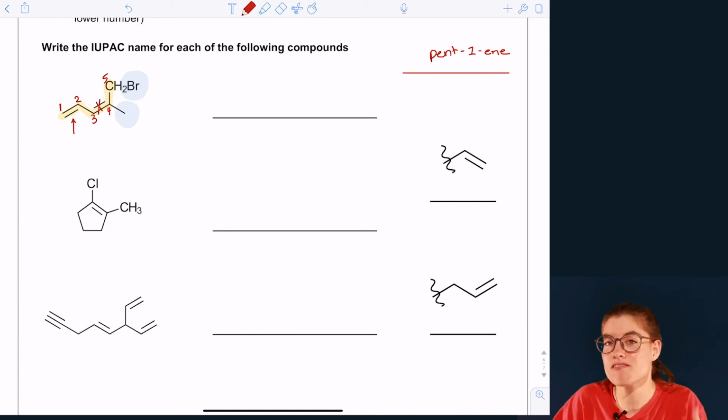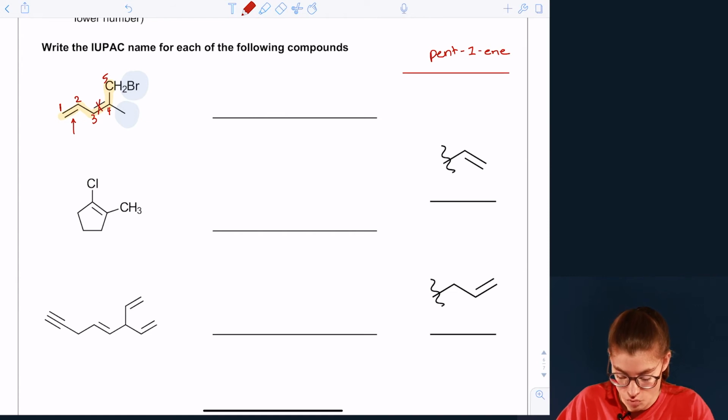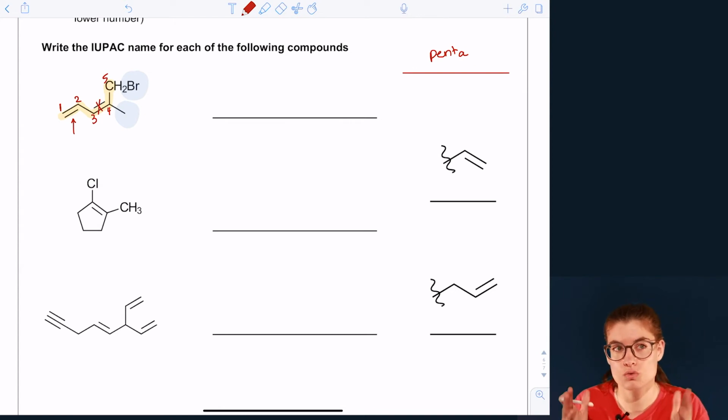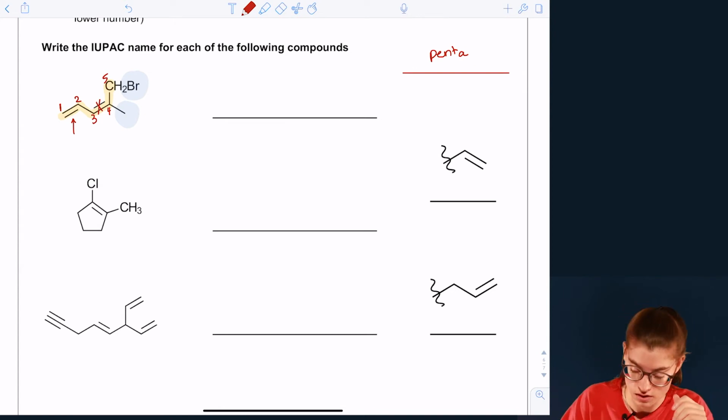But because we have more than one double bond, we need to add the vowel A. Okay, I know it's weird. It's really so that there's not two consonants next to each other. So we've added the vowel A, and then we can list where they are.